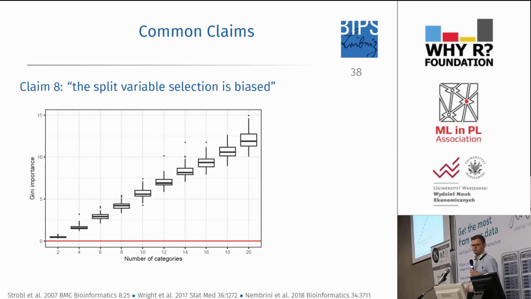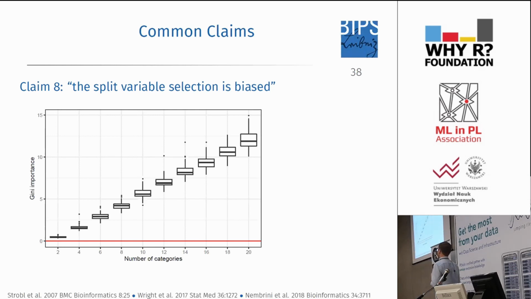If you do a simulation study for that, it looks like this. You have variables with different numbers of categories, and here the Gini importance is more or less the selection in the splitting, and you see that the importance just increases.